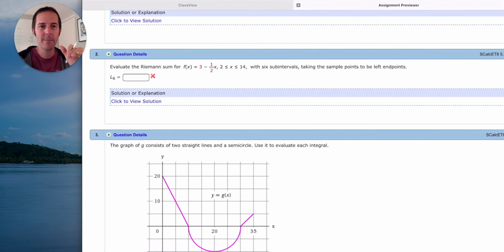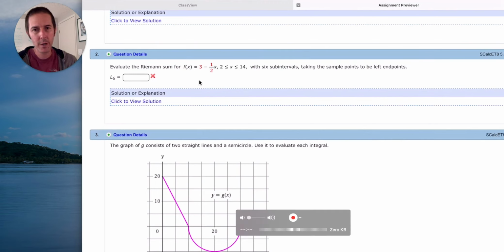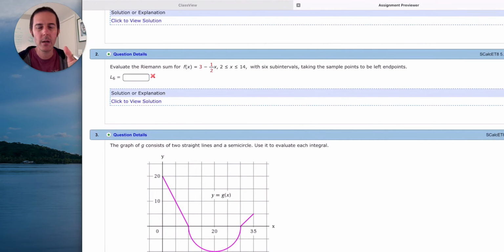This is a left endpoint approximation, which means the height of each rectangle will be calculated using the x-coordinate that goes along with the left-hand edge of each rectangle. You could figure out what this graph looks like if you wanted to, but I'll tell you that the height of your first rectangle is going to be f of x sub 0.